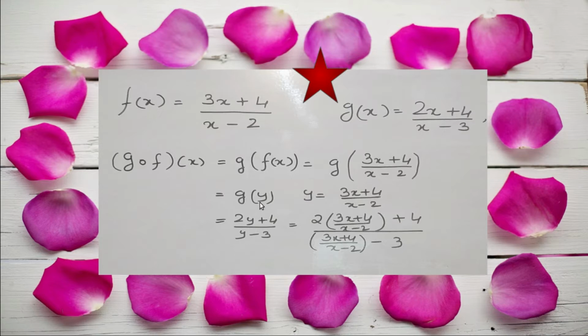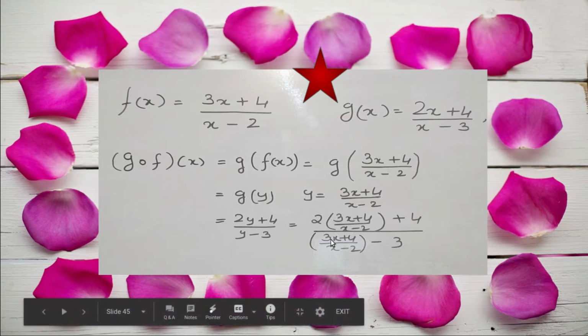So this is g of y, where y equal to 3x plus 4 divided by x minus 2. g of x is 2x plus 4 divided by x minus 3, so g of y is 2y plus 4 divided by y minus 3. Now replace this y by the expression. So we get 2 into (3x plus 4 divided by x minus 2) plus 4 divided by (3x plus 4 divided by x minus 2) minus 3.